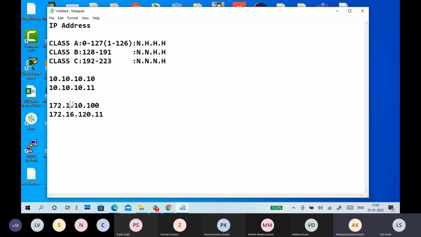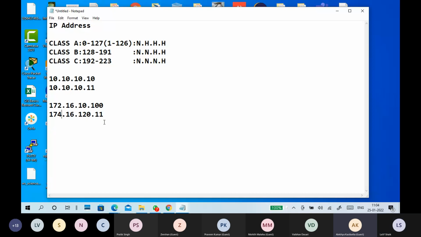For example, I change it. See, the first octet is the same in both PCs' IP addresses, but the second octet is different. So both are not in the same network, and obviously they won't communicate with each other. For example, I change it here like this. Anything you can put, even a 4.